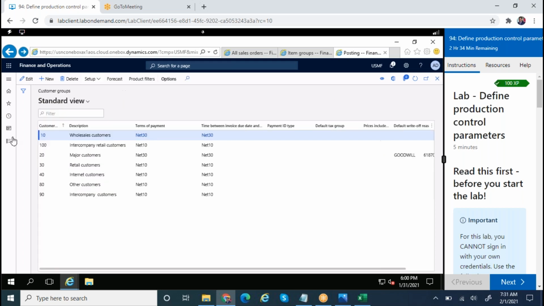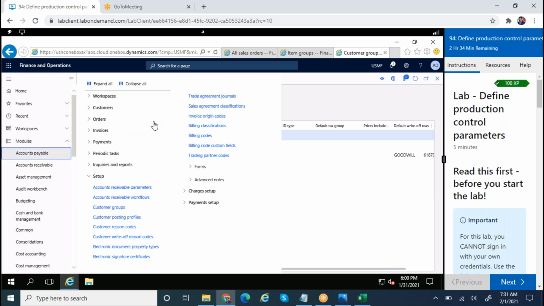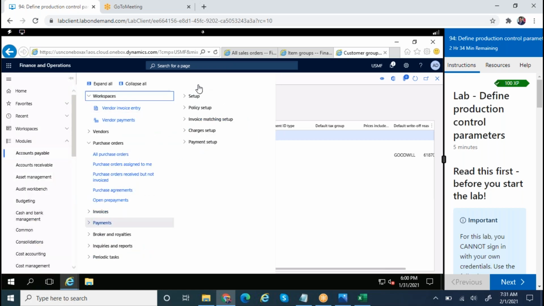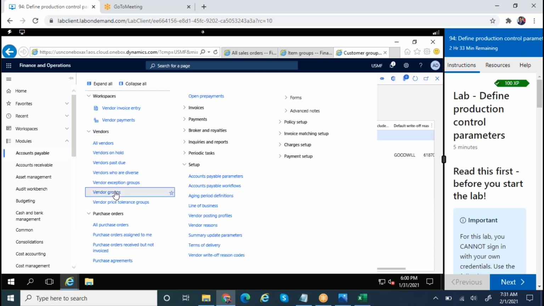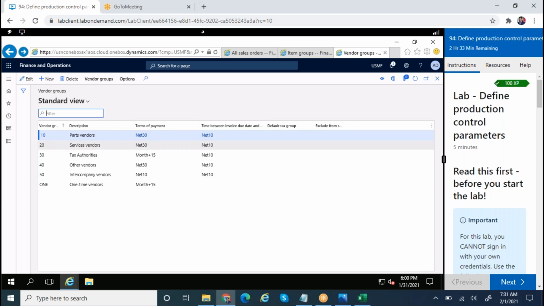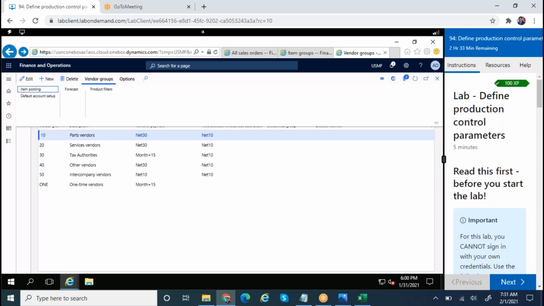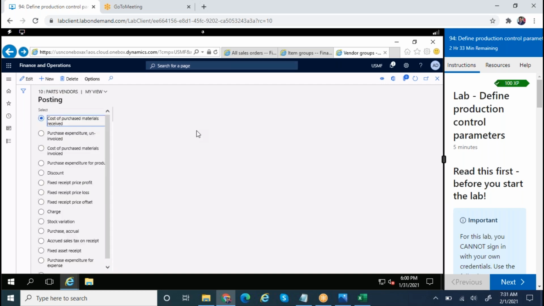If you are going to vendor group, accounts payables, setup, vendor groups, here also available. If you open from here, vendor groups, item posting, it will open only purchase order tab.